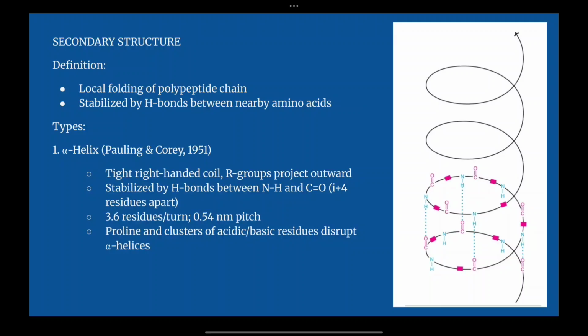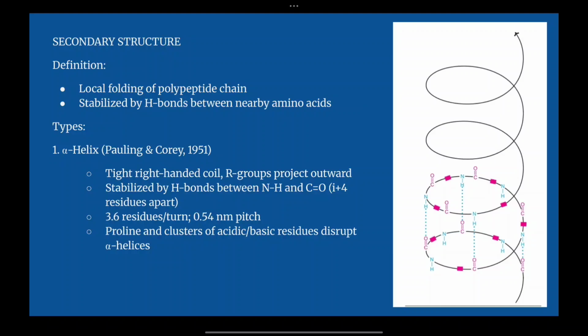Now there are different types of secondary structure: alpha helix, beta pleated sheets or beta bends, and irregular structures. The alpha helix was discovered by Pauling and Corey in 1951. They determined the alpha helix protein structure to be a tight right-handed coil with R groups projected outwards.